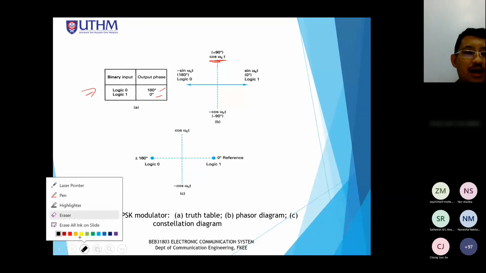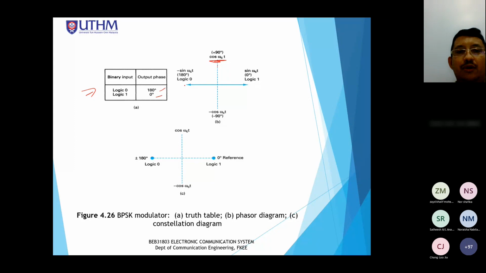So for the phasor diagram, or we can say the arrow diagram, how we're going to draw is that for logic 0, it is pointed to 180 degree. And for logic 1, it is pointed to 0 degree. Okay, so this is a quadrant diagram also. You see that from 0 degree, 90 degree, 180 degree, 270 degree, and then we get 360 degree.